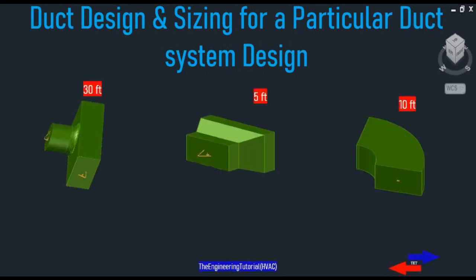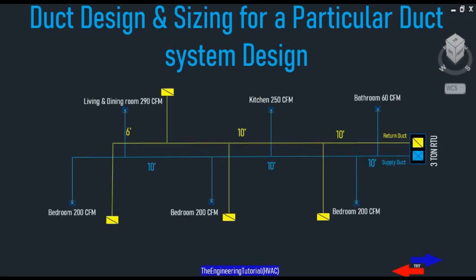Here are some effective length, or equivalent length, examples from a trunk line, reducers, and elbows, that we're going to use for our next examples. For a round branch from a trunk line we have an effective length of 30 feet, and for return and supply elbows and reducers 5 feet, depending on how tight that elbow is. In order to determine the effective length of each supply and return duct run, we must sketch it out.